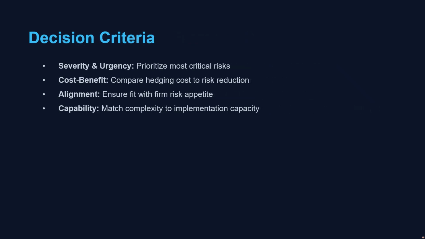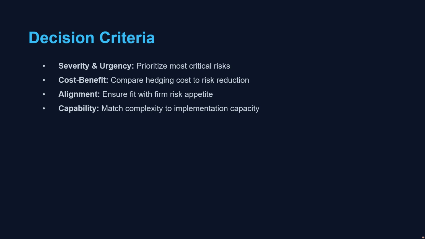After identifying the strategic options, the firm evaluates them using disciplined decision criteria. The first criterion is severity and urgency. Which risks are large enough or time-sensitive enough to require immediate action? The second is cost-benefit analysis.